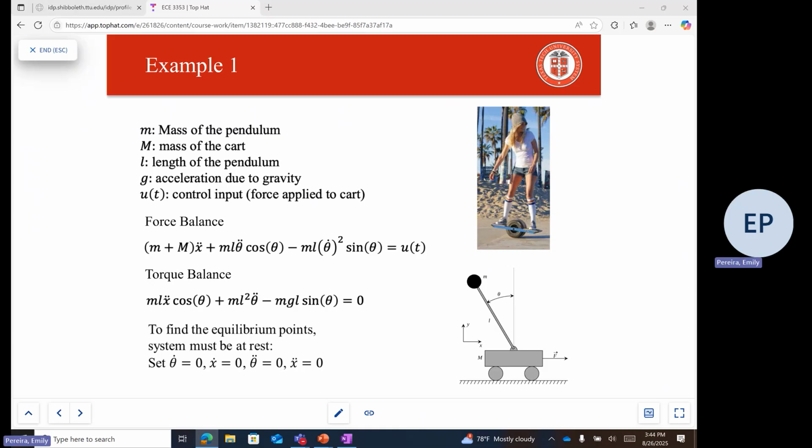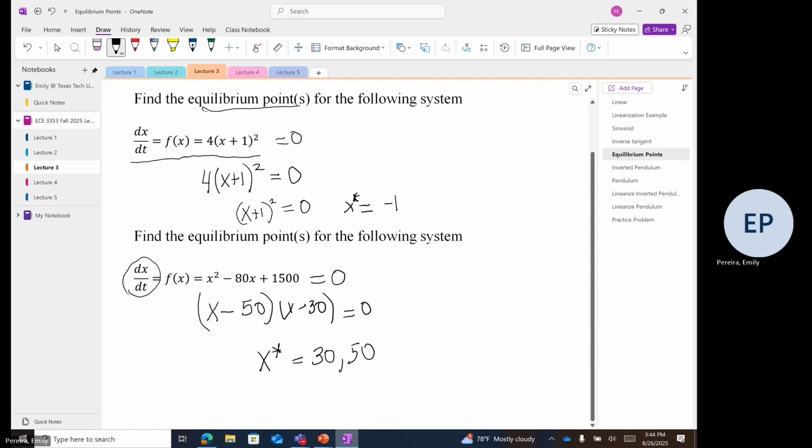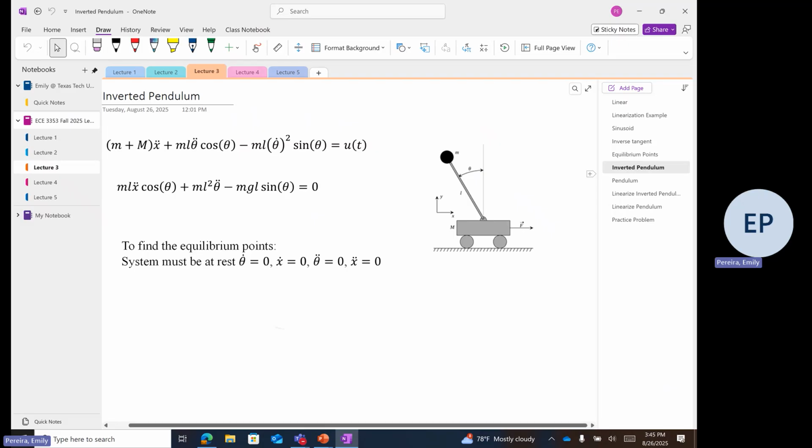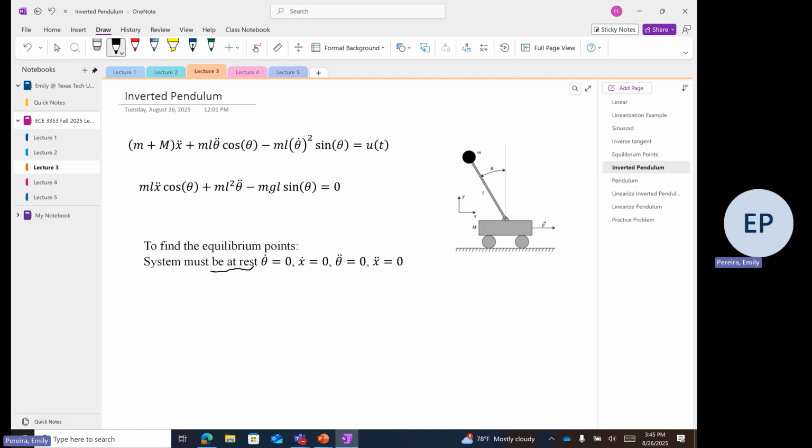So let me go back to our notepad here. If we set the system to be at rest, and we solve for theta and x, we should find our equilibrium points.